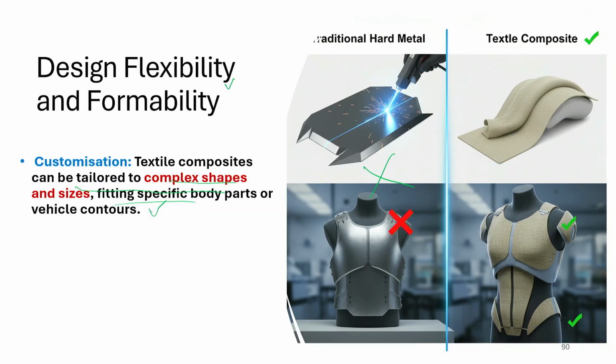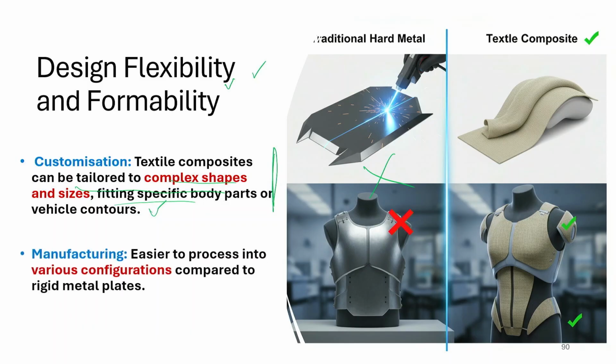You can customize depending on the requirement. So, for all these advantages we nowadays prefer textile based composite for ballistic material. Also, manufacturing is easier because it is easier to process into various configurations compared to metal. If we try to manufacture this type of structure in metal it is very difficult, but with the flexible textile composite we can simply tailor it and stitch it.